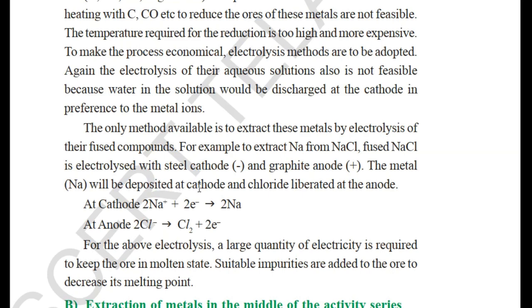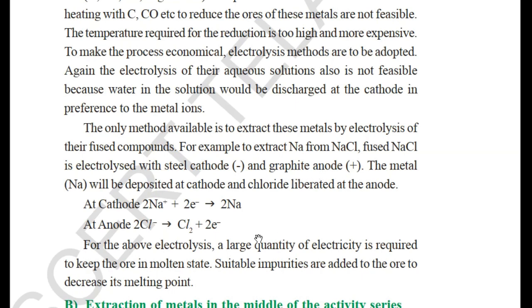The metal sodium will be deposited at the cathode and chlorine will be liberated at the anode. During this electrolysis process, all the sodium gets collected at the steel rod, the cathode, and all the chlorine gets liberated at the graphite rod.